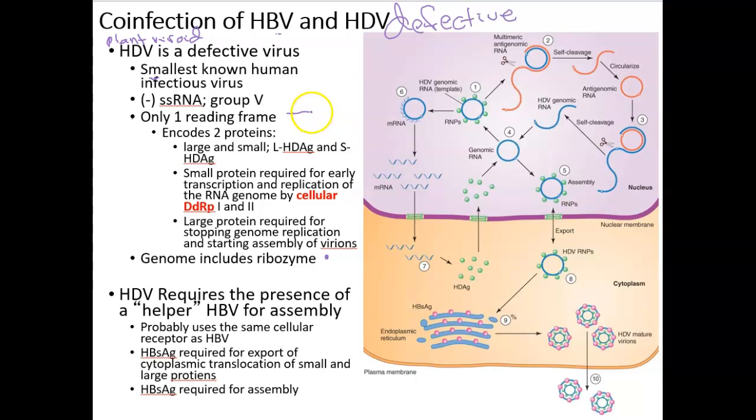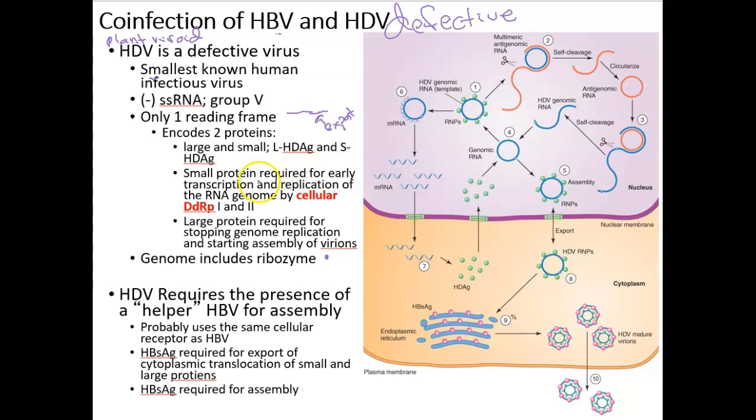The host enzyme modifies the transcript, and then it can finish the protein and make the large one. So the large protein is just a longer version of the small one, and it has an export signal that we'll talk about in a minute.